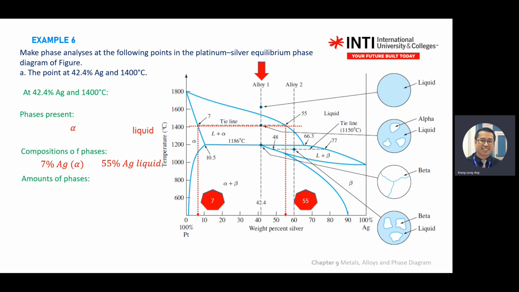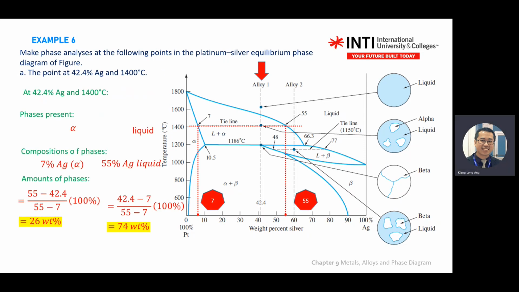Do the same for the amount of phases. Pick the total length, from here to here: 55 minus 7 is the total length. The one near the left-hand side of alpha uses the opposite side. So to calculate alpha, you pick the other side, from here to here: 55 minus 42.4, divided by total length, times 100, and you get the amount of phase for alpha. Do the same for liquid, or you just take 100% minus 26.